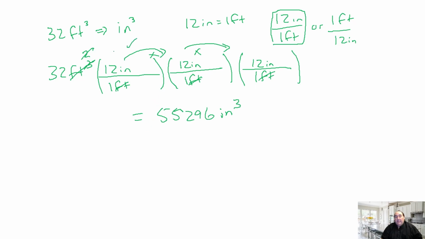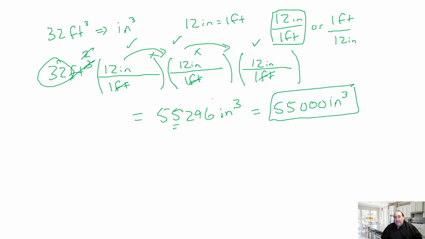Significant figure wise, exact number, exact number, exact number. 2 significant figures should end up here. So something like 55,000 cubic inches. Or again, you could do scientific notation, 5.5 times 10 to the 4th cubic inches here.